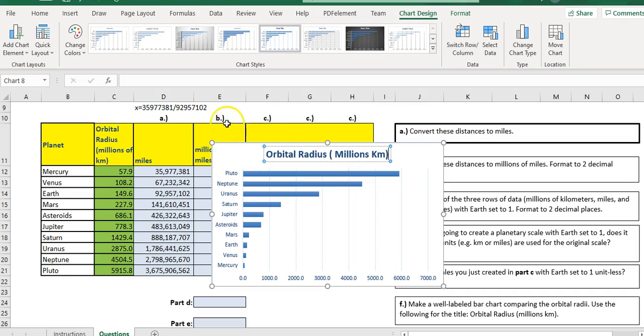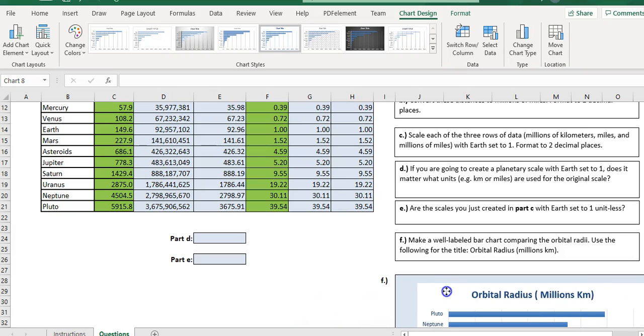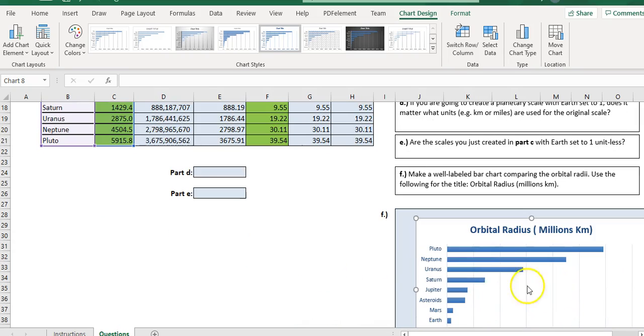All right, and then we're going to take this chart and we're going to drag it into our box down here, and make sure that it's in that area that they've designated for that.